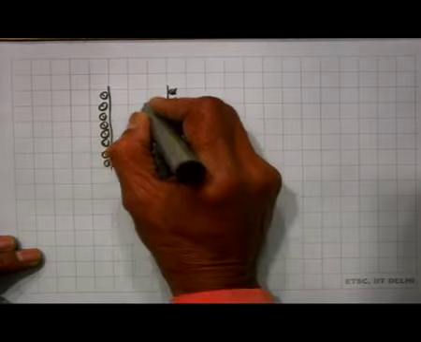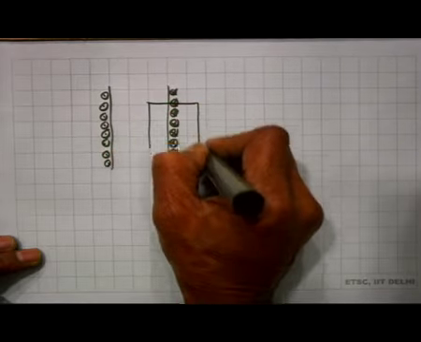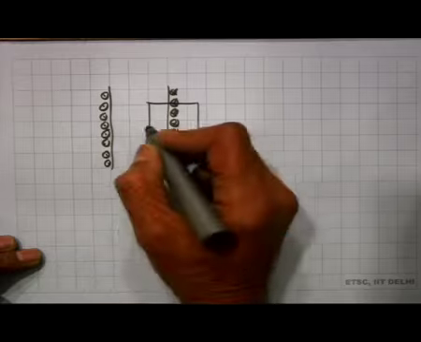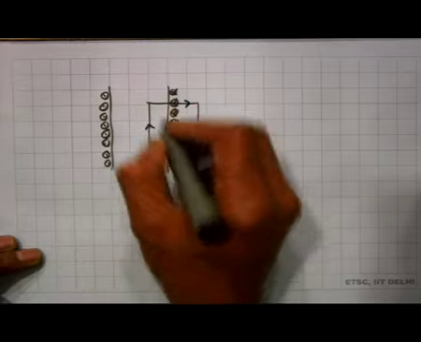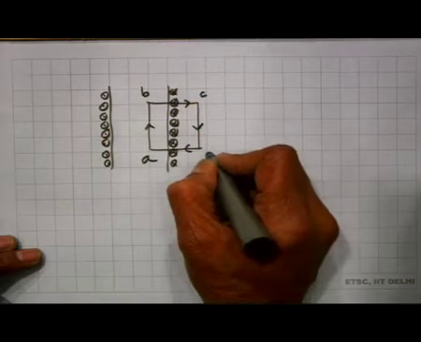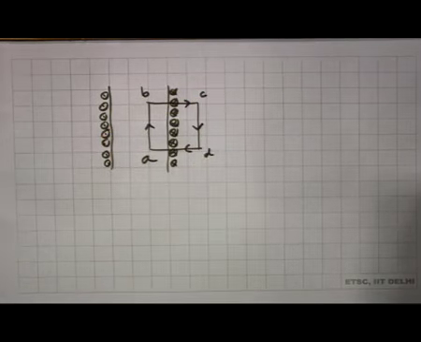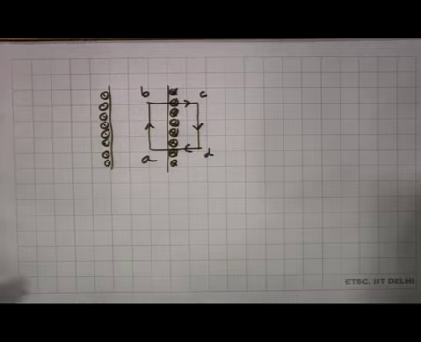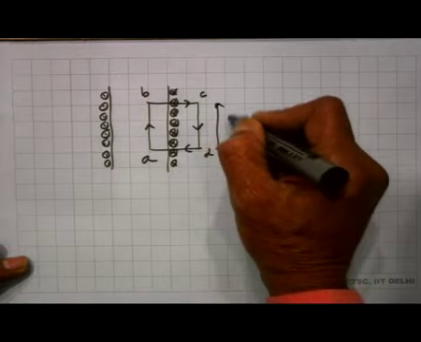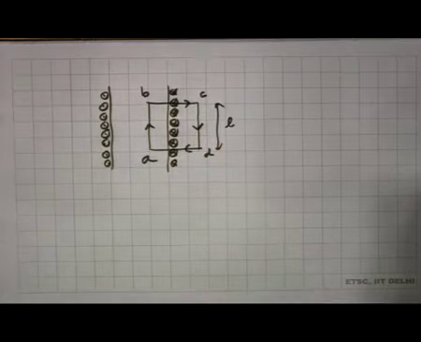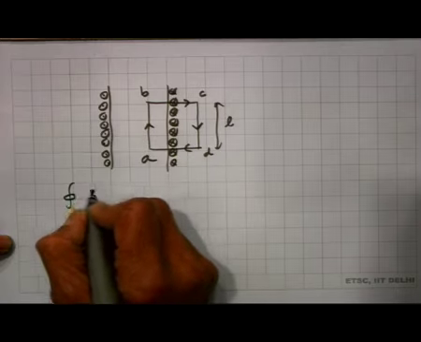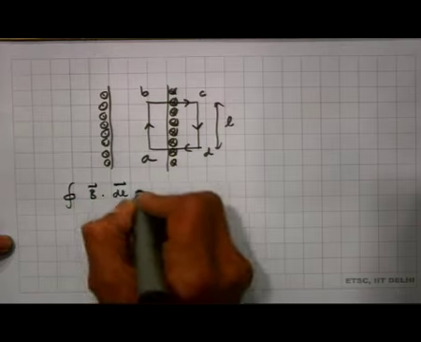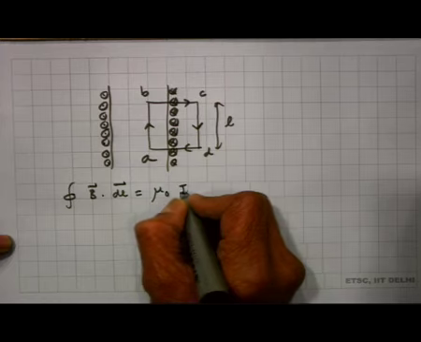Now, I take a loop which lies partly inside and partly outside, A, B, C, D. Let me assume that this length is L. Again I want to use the integral B dot dl is equal to mu 0 I enclosed.